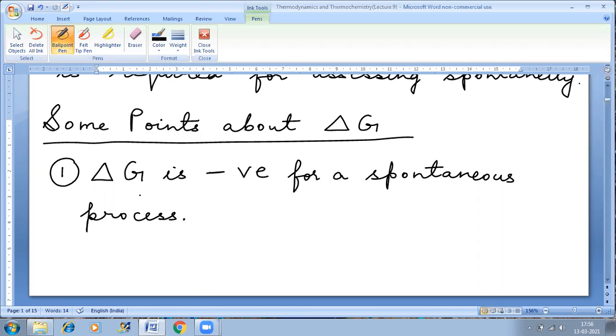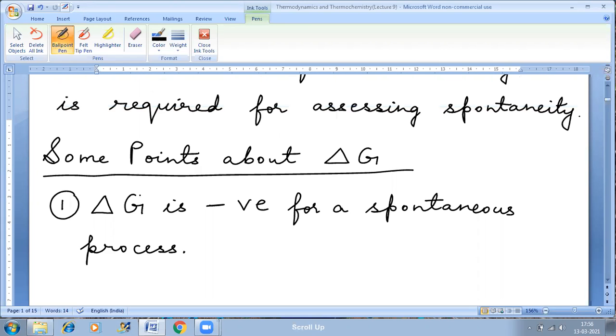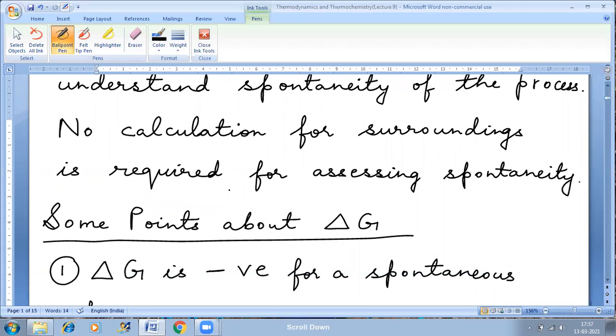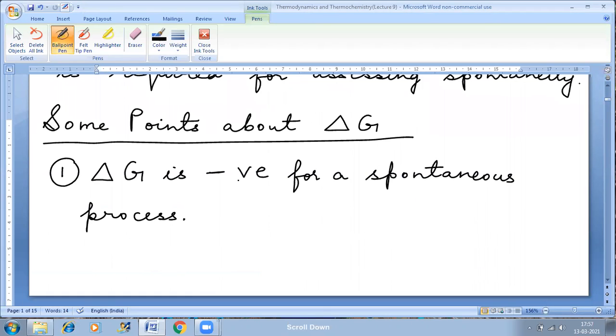Delta G is negative for a spontaneous process.